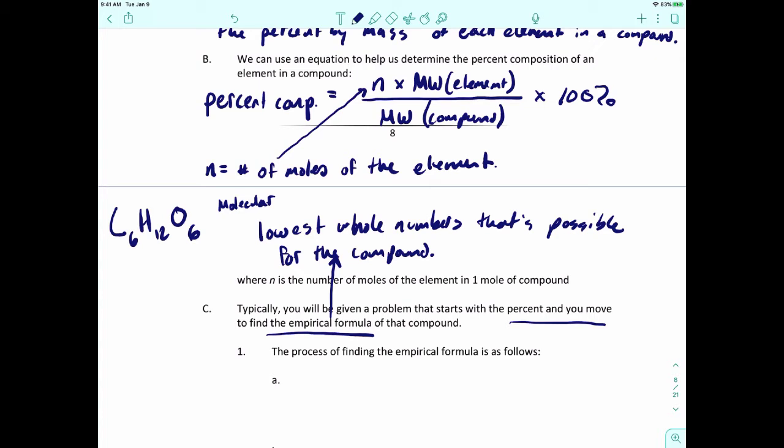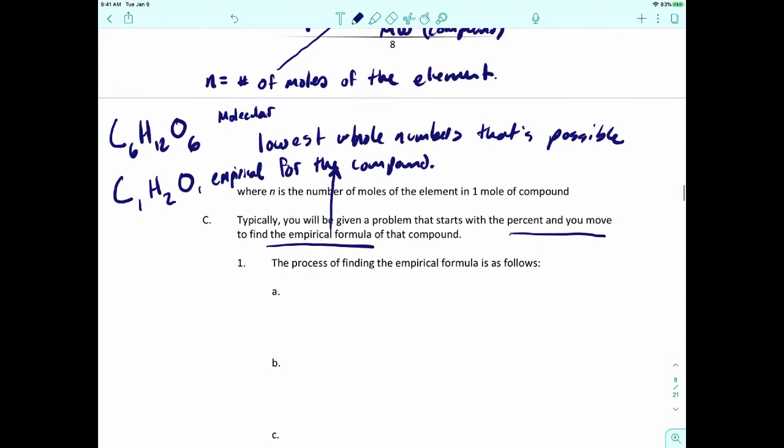Absolutely. We can divide all these numbers by 6. And if I do that, we get CH2O. And so this is called its empirical formula.